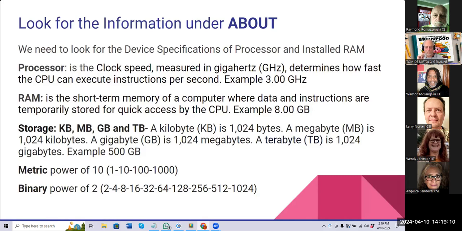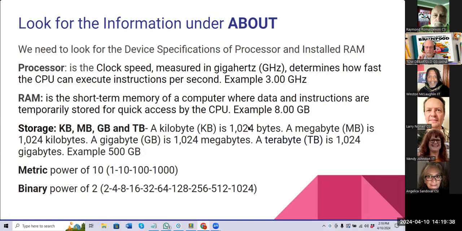Everything you see on a screen is zeros and ones. When you look at the power of 2, you've got 2, 4, 8, 16, 32, 64, 128, 256, 512, and of course, 1024. So that 1024 bytes was close to 1,000, and that's where they use the term kilobyte.